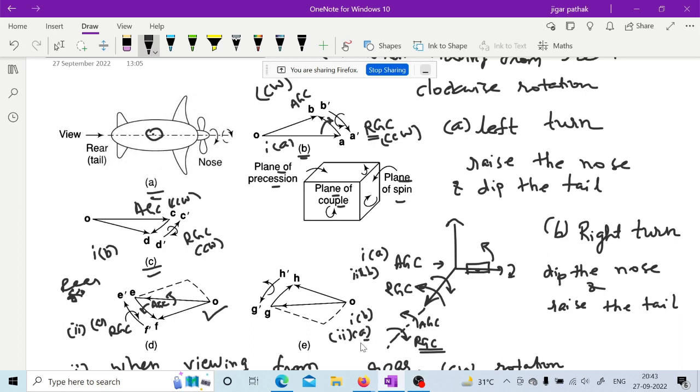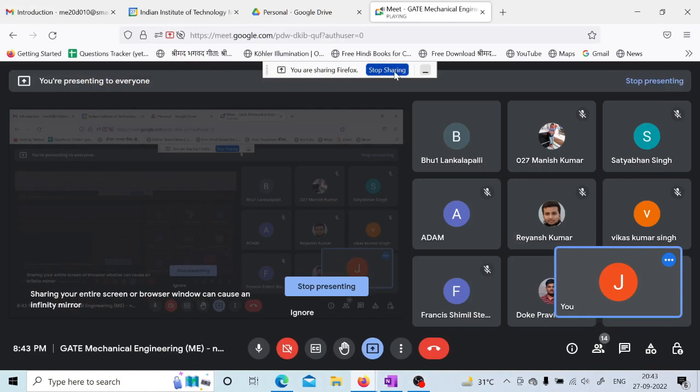It means what is going to, excuse, yes sir, that one is not visible. Only the meet window is visible. One second, one second.